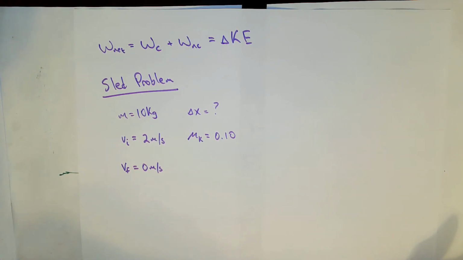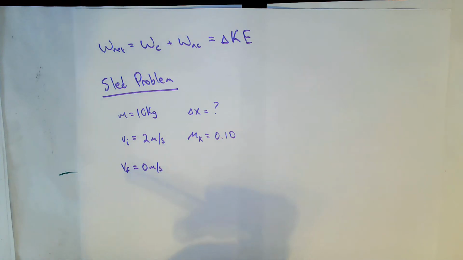So friction is involved here. Gravity is involved because the normal force is involved anytime friction is involved, but the forces that I'm really worried about are that initial force and then the force of friction that's slowing down my sled.